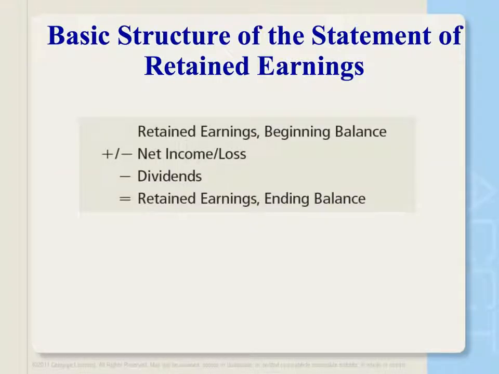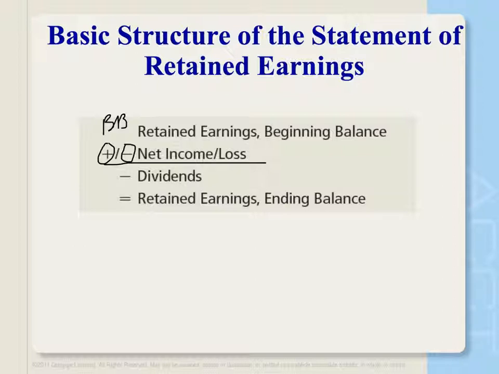The basic structure of the statement of retained earnings is this: beginning retained earnings plus net income or loss. So if we have net income, we would add it. If we had a loss, we would subtract it. Then minus dividends. Dividends are a return of profits to the shareholders of a company.